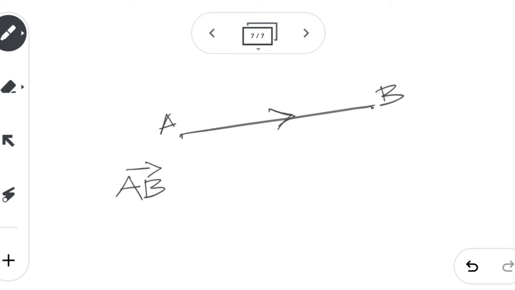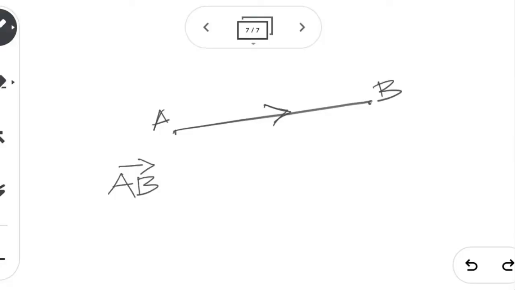If we name it A, we can denote this vector AB by vector AB or simply vector A. This arrow denotes its direction. Vector AB means its direction is from A to B.